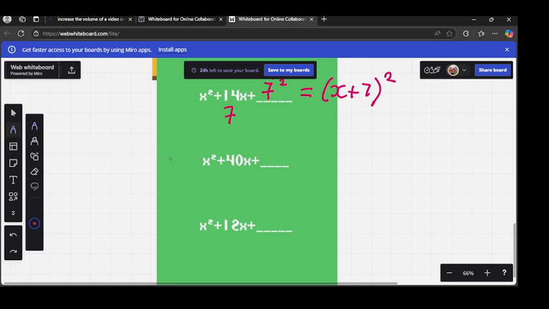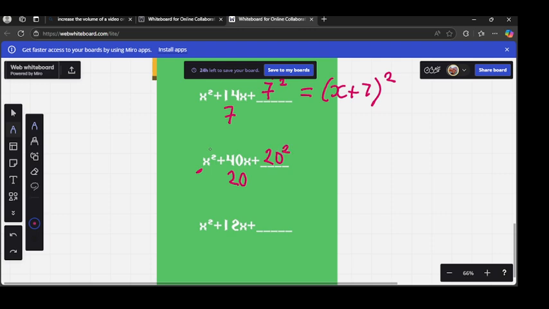I have x square plus 40x plus dash. Now, what would we add here to make this a perfect square? So let's check. x square plus 40x. Now, half of 40 should be 20. Yes. So it means to make the perfect square, we have to add 20 square to it.